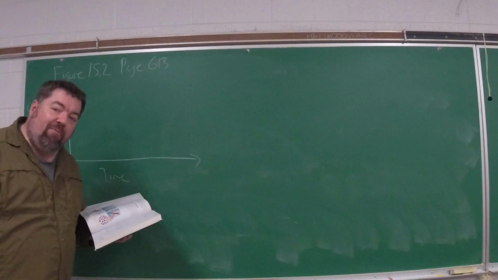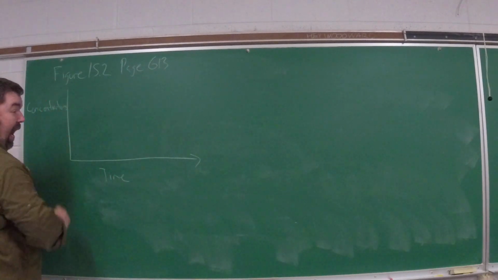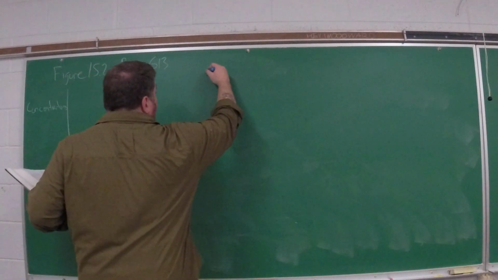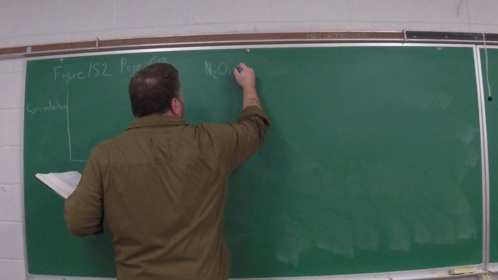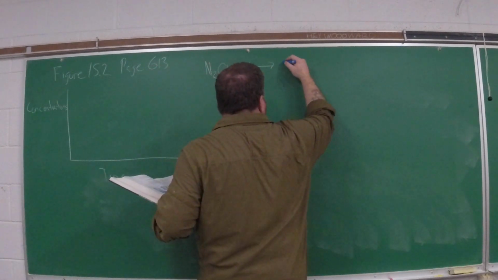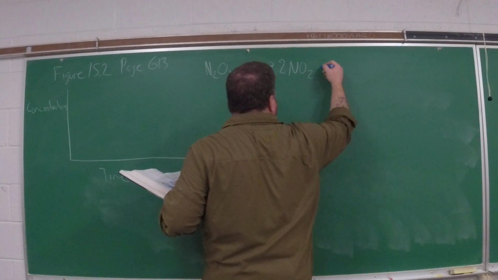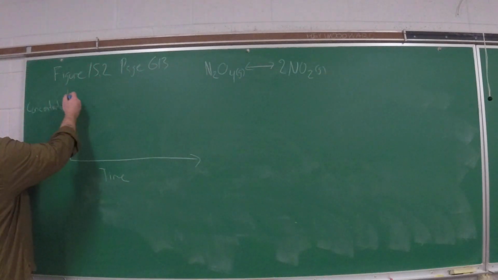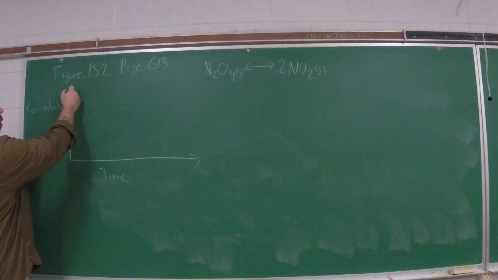Now, let's say we start off with N2O4 and no NO2. Let me write the reaction up here, so you can see what we're talking about. Again, reversible. There's our reaction. So we start off with N2O4 only.